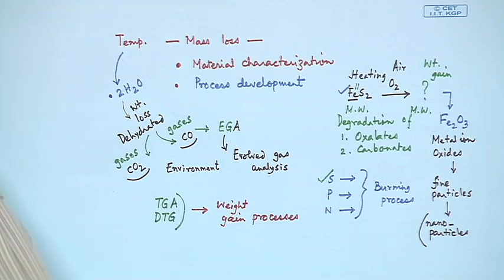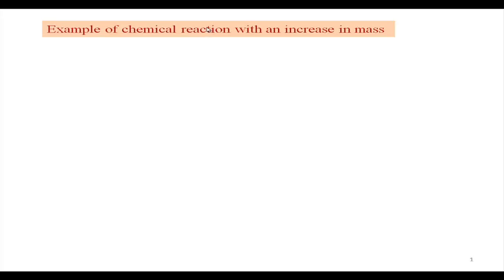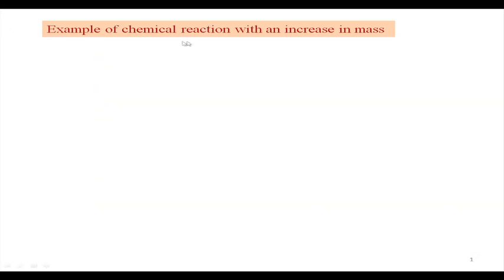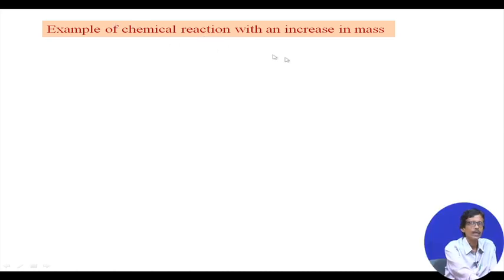So, what we see here is an example of a chemical reaction with an increase in mass. This particular reaction is a thermochemical reaction that we will consider. Any such reaction where heat is utilized for a transformation, be it decomposition or a conversion related to oxidation, can come with an increase in mass.